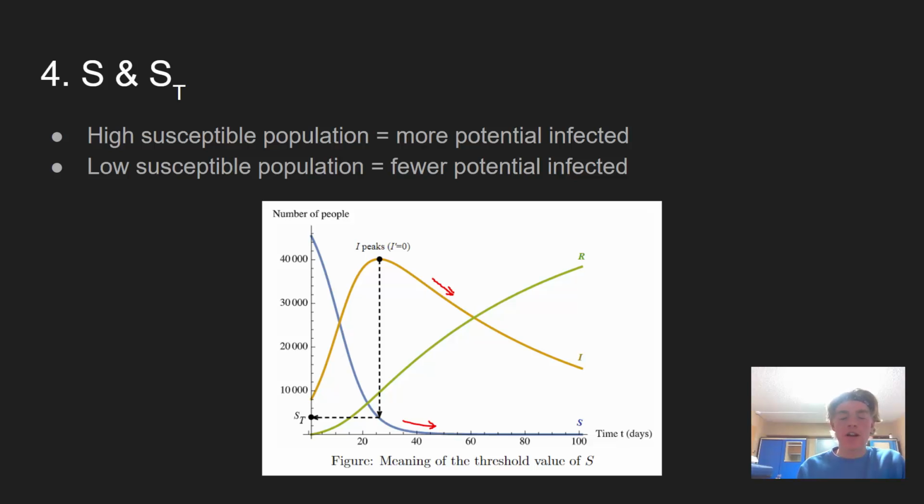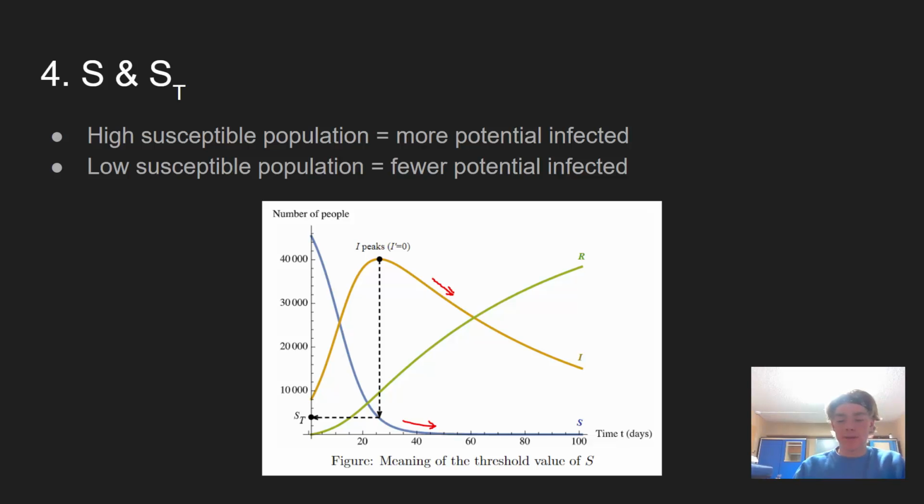So the infection rates are increasing when S is greater than S sub t, and they're actually decreasing when S is less than S sub t. And this is because when there's a higher susceptible population, then it's easier for the disease to spread and for infection rates to be high. But when there's a low susceptible population, the disease cannot find new hosts and the disease dies off.